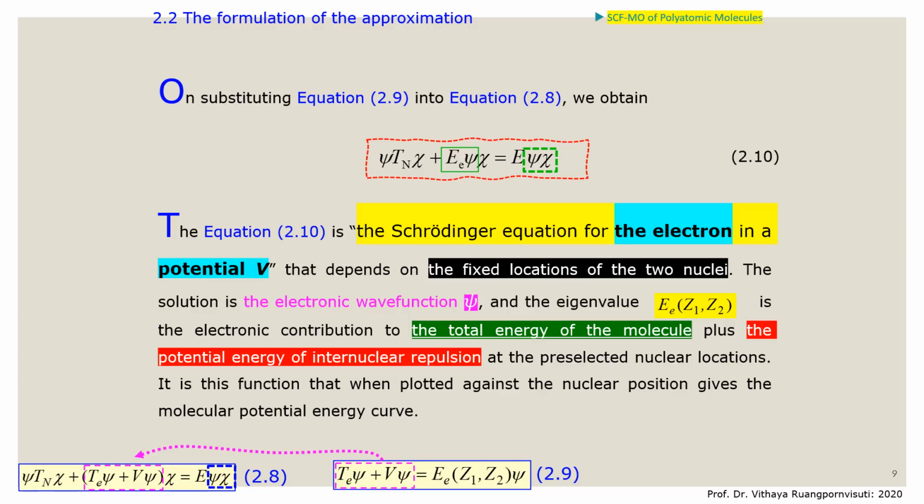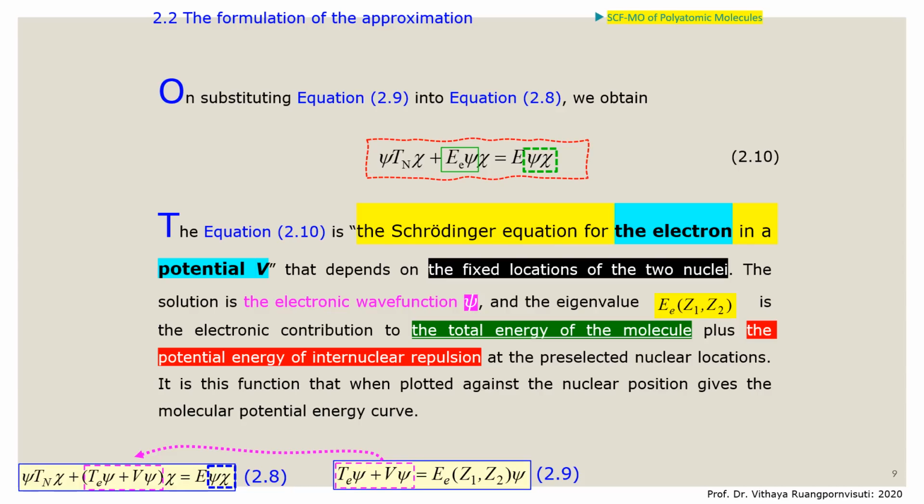The eigenvalue is the electronic contribution to the total energy of the molecule plus the potential energy of internuclear repulsion at the selected nuclear locations.